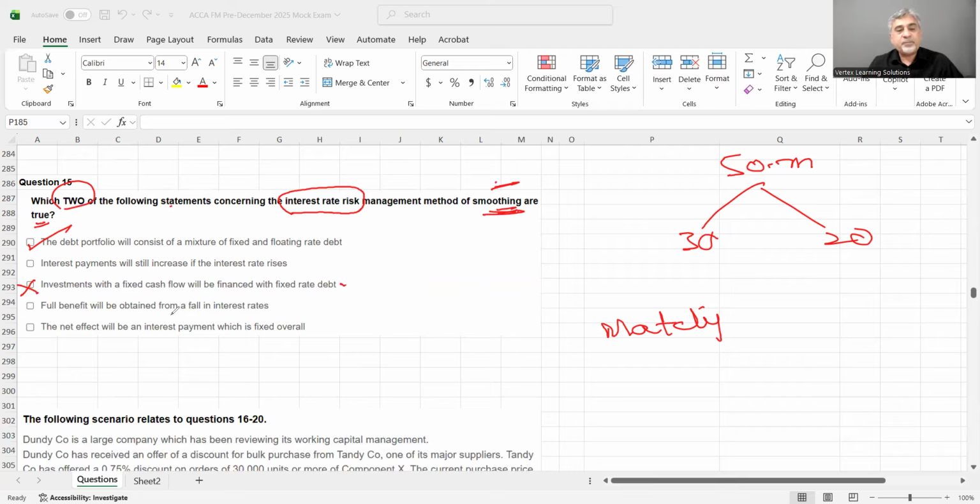Full benefit will be obtained from a fall in interest rate. No, not necessarily.